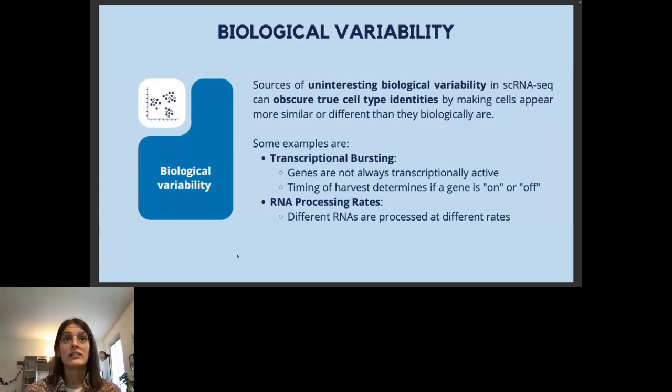And some examples of these are, for example, transcriptional bursting, which means that genes are not always actually transcribed. So the time at which we collect a cell also determines whether a gene is expressed or not. And then there is also, for example, you can think about cell cycle genes, no? So these cyclins are expressed at different time points during the cell cycle.